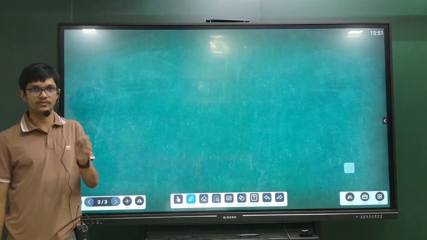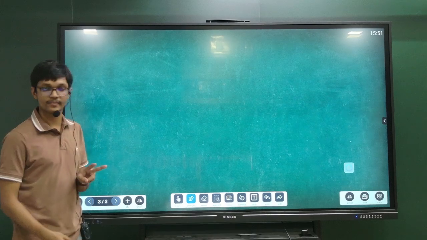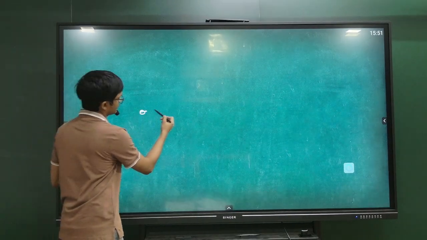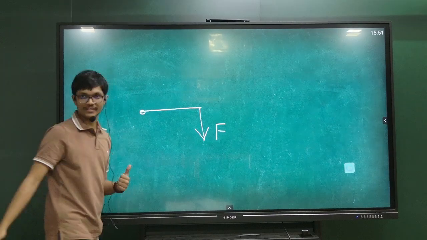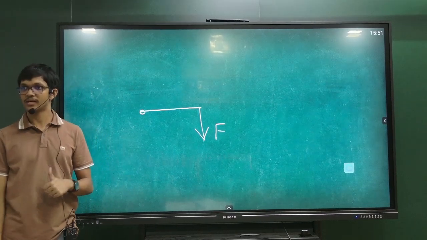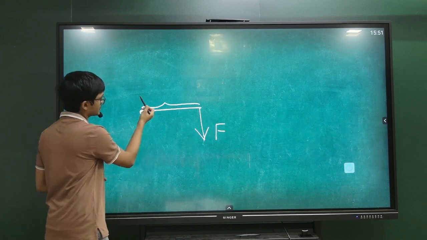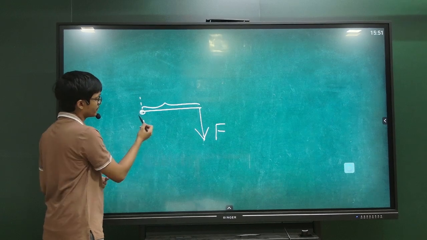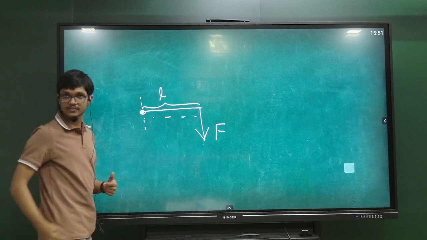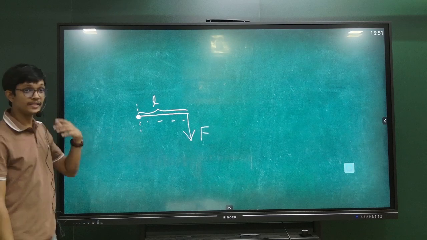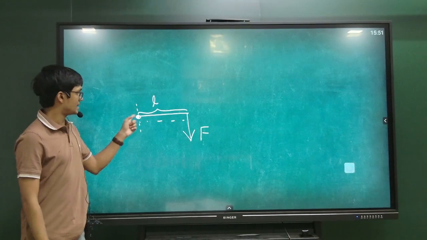So the ability to rotate a system using a force depends on two factors. One is the magnitude of the force. The other is the perpendicular distance from this point to the force, L. So this ability to rotate depends on the magnitude of the force and this distance.